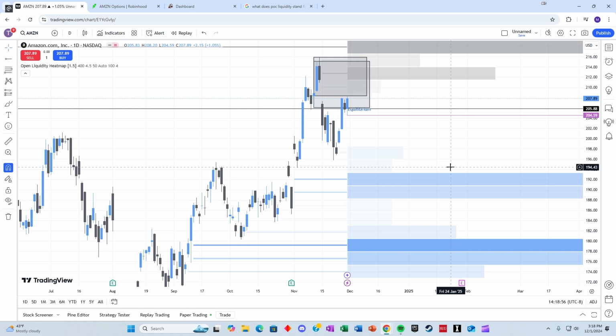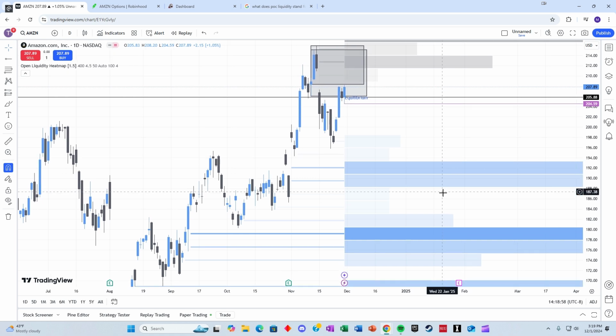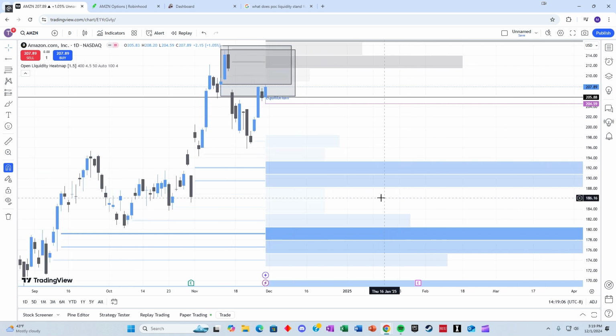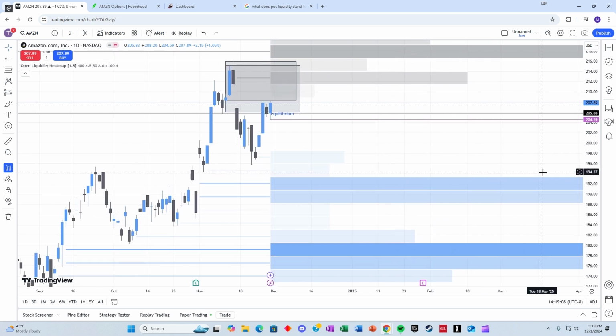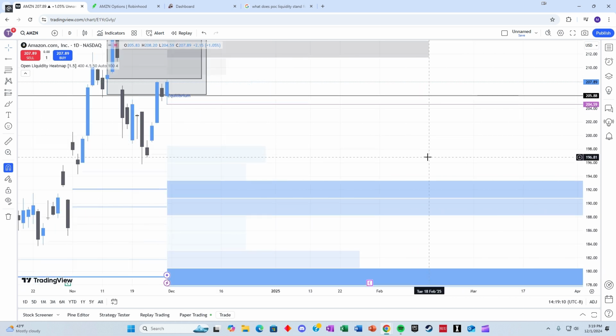Looking for the 194 puts, 195 puts, or 185 puts. Now, 185 would be a little bit generous, a little bit bold. However, I think 195 would be doable, especially in the next 2 weeks on Amazon.